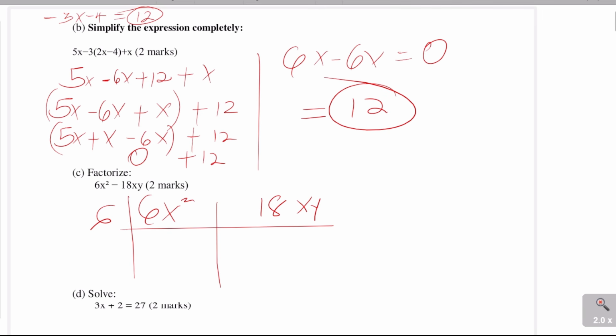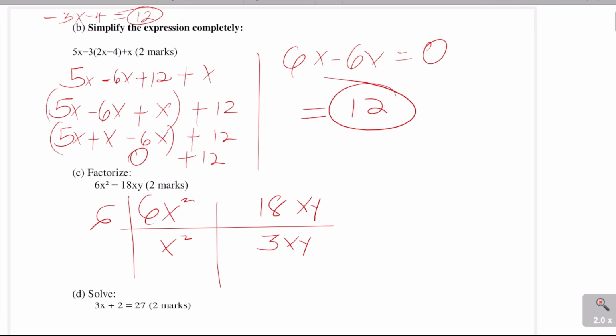When you divide 6x squared by 6, you remain with x squared. Then 18xy divided by 6 gives 3xy. So you see, you're reducing.